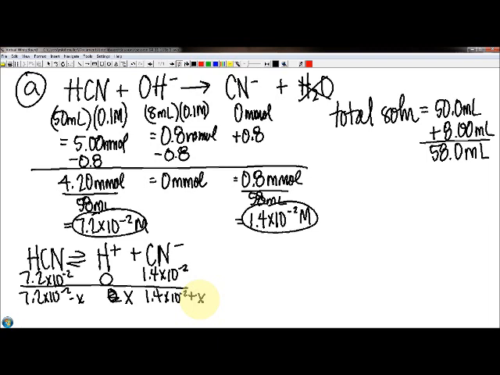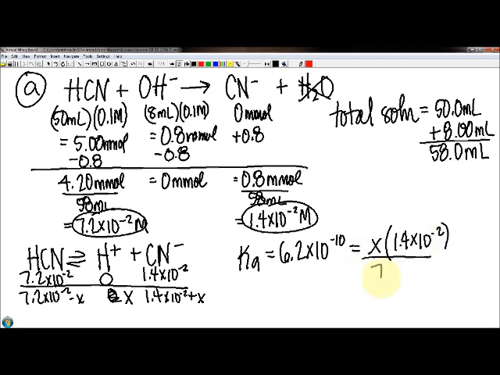So now we get to plug into a K expression for this, and it's products over reactants. Our Ka given is 6.2 times 10 to the negative 10, and so that's equal to our x, we're going to assume, times 1.4 times 10 to the negative 2, all over 7.2 times 10 to the negative 2.